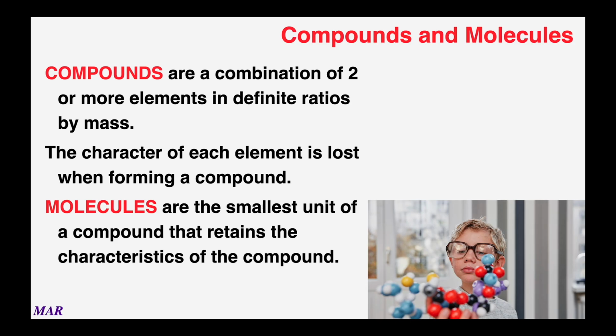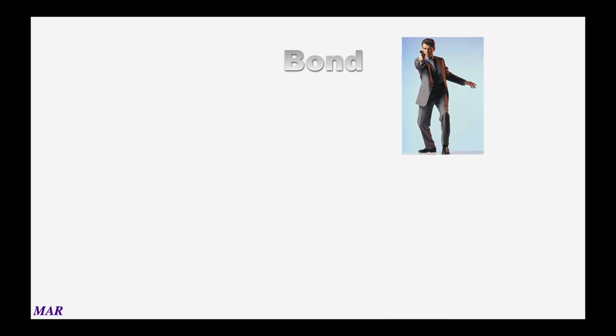Now, as you break a compound down, you finally get down to the smallest piece of the compound, called a molecule. And a molecule, if you break that up, will no longer have the properties of the compound. Remember that the smallest piece of an element is an atom. So if you broke a molecule up, you'd probably be breaking it into atoms, and you'd have different properties from there.